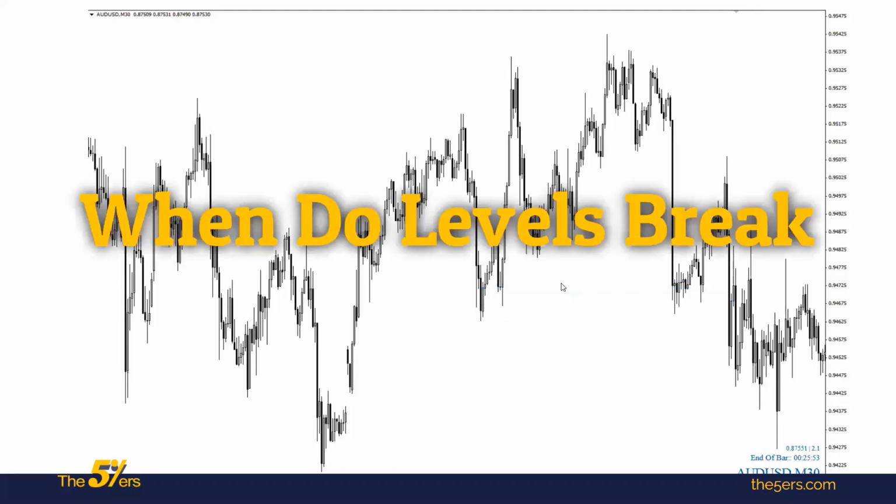Okay, so whenever we look at supply and demand, the next layer of your work is to look if price had visited that area. When price has not visited the area, we call it a fresh supply or a fresh demand zone. This is where it would be the best odds for you to take that trade.